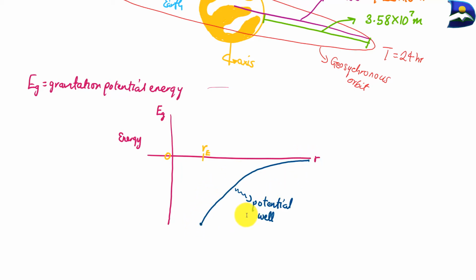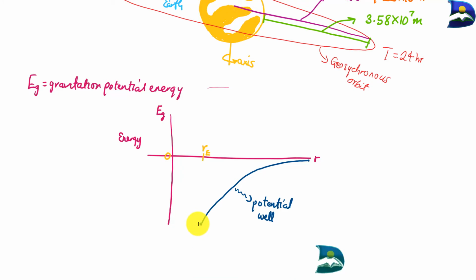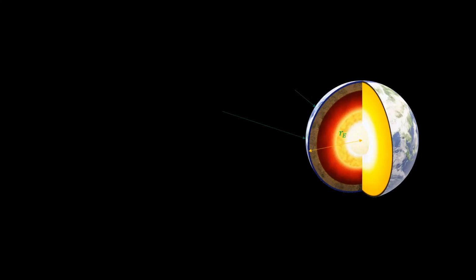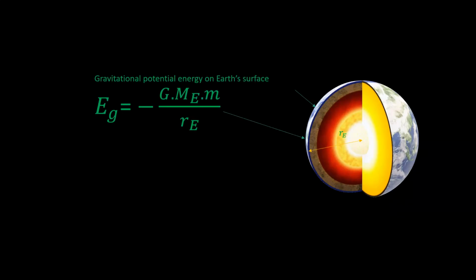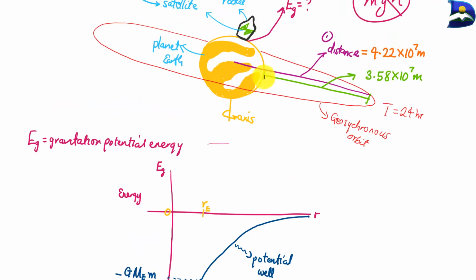And the next question that comes to mind is: what is the value of this particular starting point on Earth's surface? This value of the potential energy at Earth's surface is expressed as negative G multiplied by big M of Earth multiplied by the mass of our satellite, all divided by the radius of our Earth, which is where our satellite, as shown right here, is positioned, from here all the way to this particular point shown as RE.